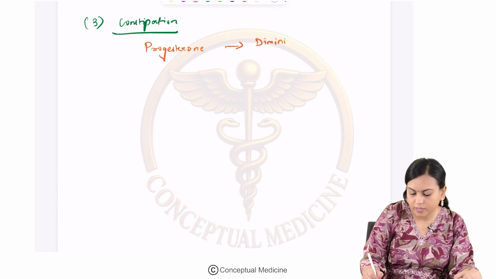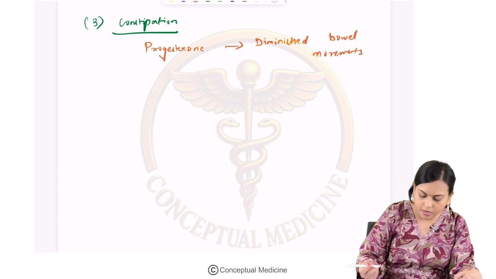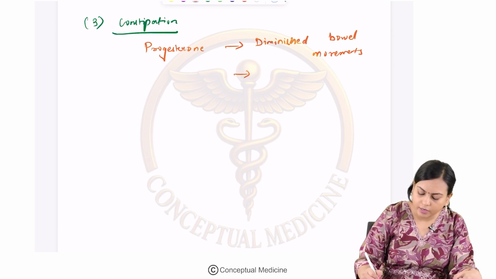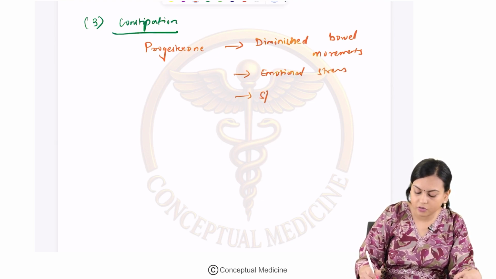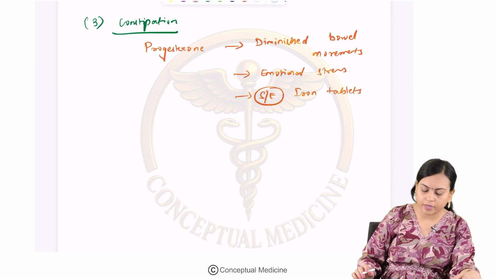So, it will be causing diminished bowel movements. And some other causes include emotional stress or sometimes a side effect of iron tablets also, because we will be supplementing iron from the 3rd trimester, right.